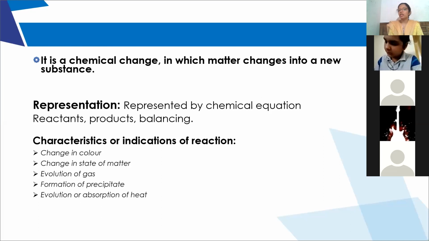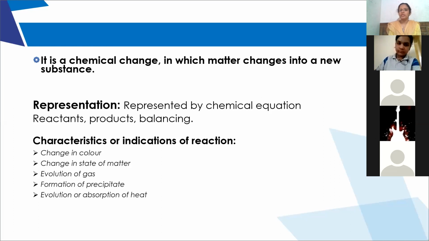If it is an aqueous solution, we write aqueous in brackets. If it is a precipitate, how do we represent the formation of a precipitate? With a downward arrow. So all these are the modifications used to clearly represent the chemical reaction by a chemical equation.